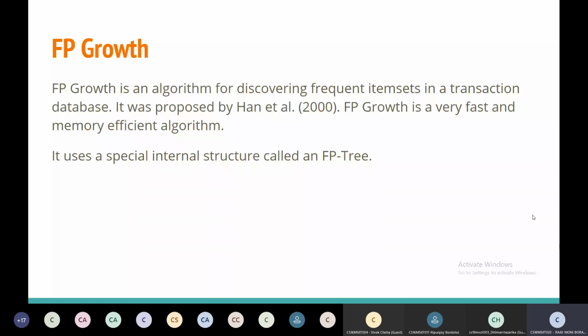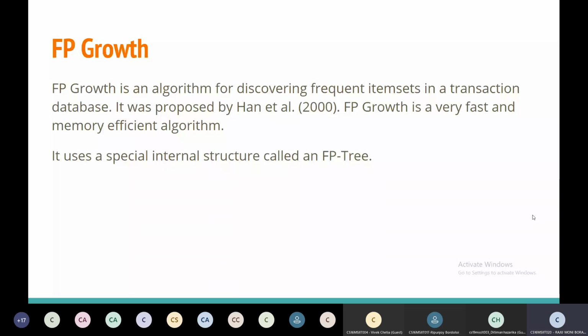Suppose you have some data, and increasing one value affects the other value, so they have some relation or correlation. We will be discussing that.